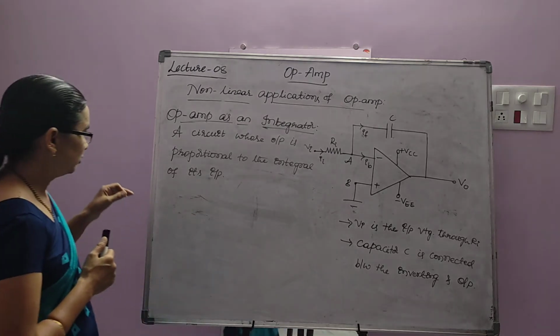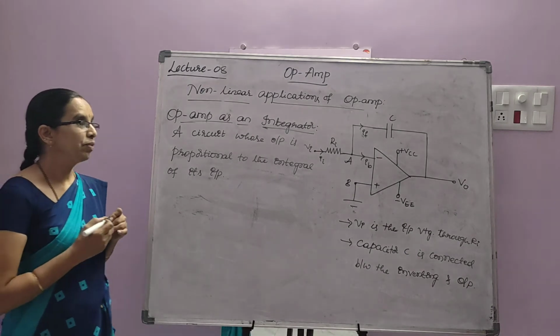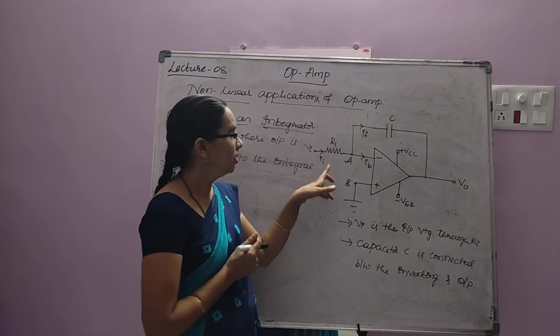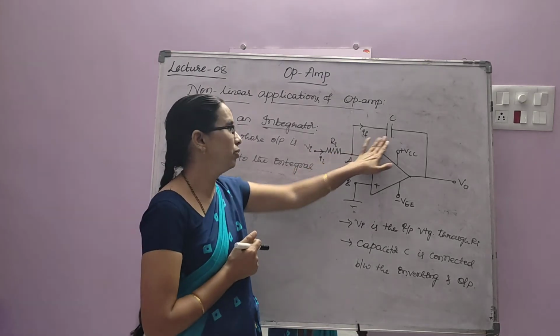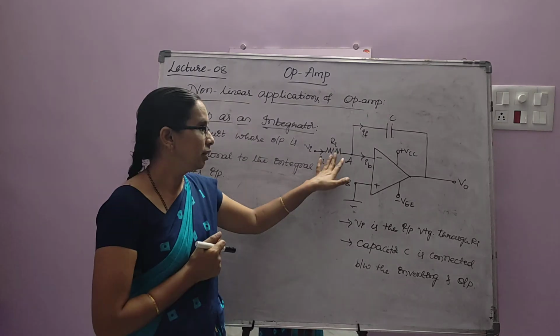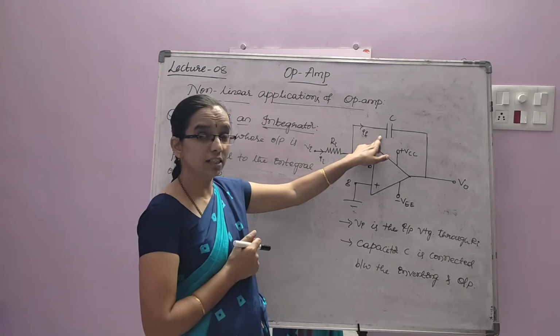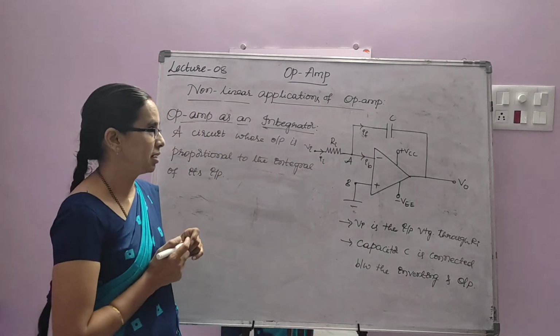Okay, look at the next circuit, that is the op-amp as an integrator. In this circuit, I have made a small change: the capacitor is connected in the feedback circuit, not in the input circuit. In the differentiator it was connected in the input circuit, whereas here in the integrator, it is connected in the feedback circuit.